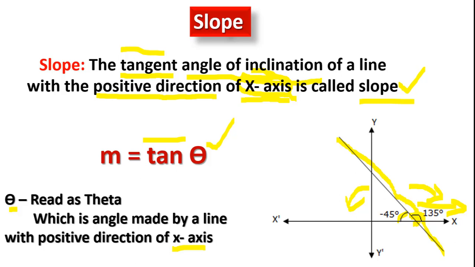We should consider the positive direction of x-axis only, so 135 is the angle that we are going to take here. This is theta. That is why the angle of inclination of a line with the positive direction of x-axis gives the slope. That is the formula m equals tan theta. We use this formula when the angle made by the line is given. This is about the slope, another definition.